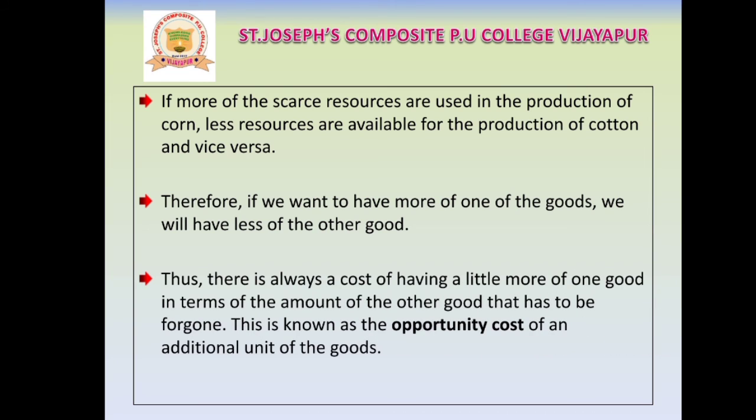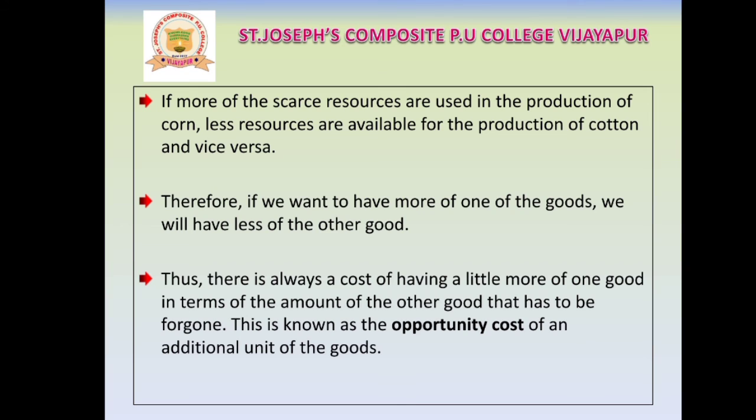Thus, there is always a cost of having a little more of one good in terms of the amount of the other good that has to be foregone. This is called the opportunity cost of an additional unit of a good.